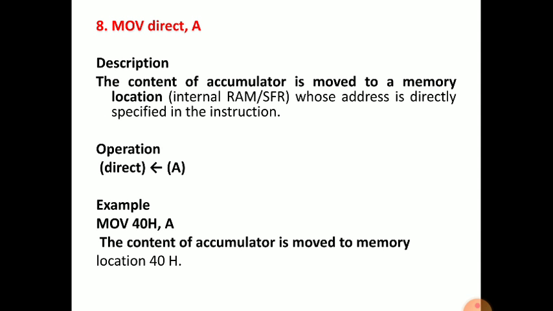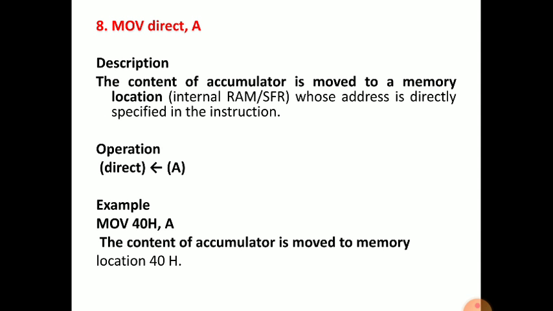So we can write MOV direct, A. In that, the accumulator is the source and direct is the destination. The description is: the content of the accumulator is moved to a memory location, that is internal RAM or SFR, whose address is directly specified in the instruction.